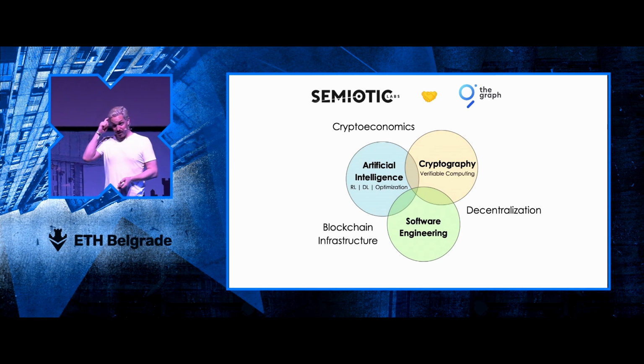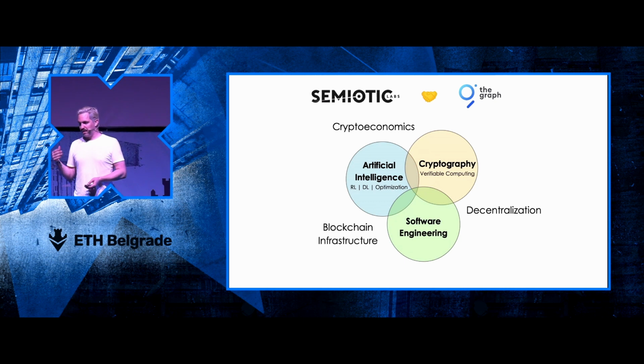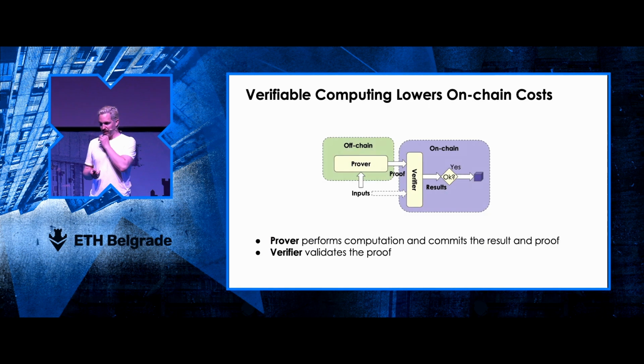And then one core dev team is Semiotic. They are in Los Altos, and this is really a focused research team that has these three pillars of research: artificial intelligence, cryptography and verifiable computing, and then general software engineering.